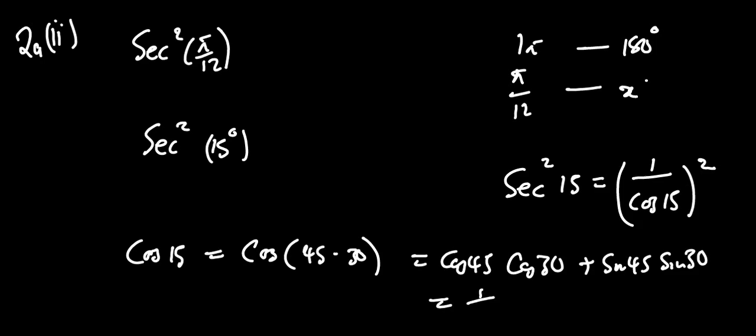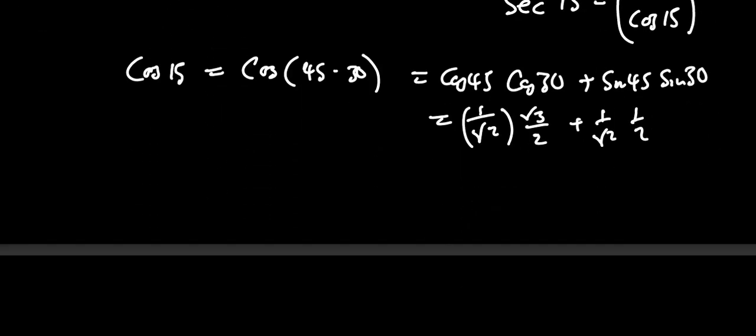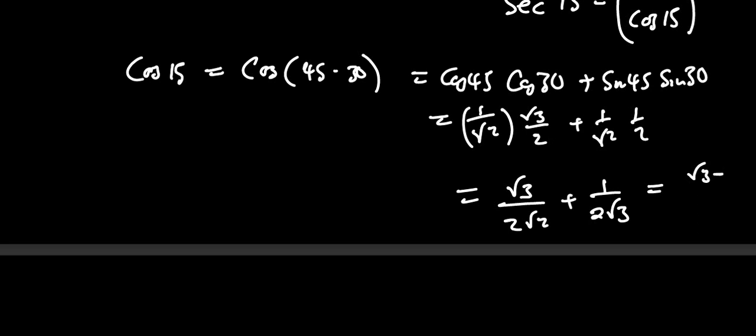Cos 45 is 1 over root 2, cos 30 is adjacent over hypotenuse, root 3 over 2, sine 45 is 1 over root 2, and sine 30 is simply half. This will turn out to be root 3 over 2 root 2, plus 1 over 2 root 2. When you add this, it is just root 3 plus 1 over 2 root 2. Now we're saying square this, right? This is a root 2, sorry.